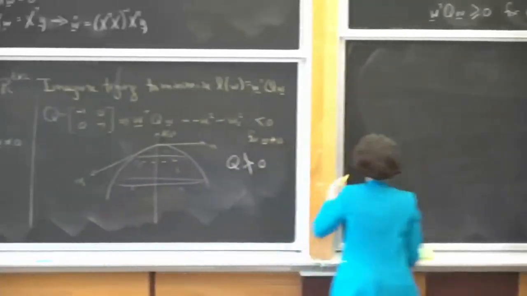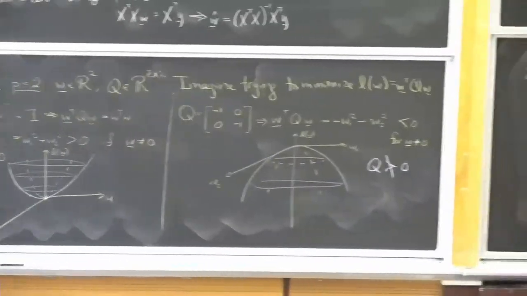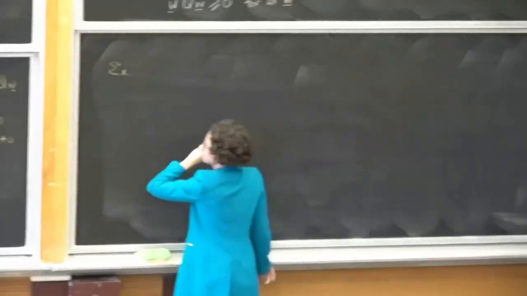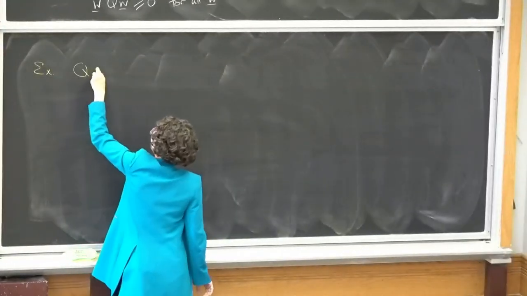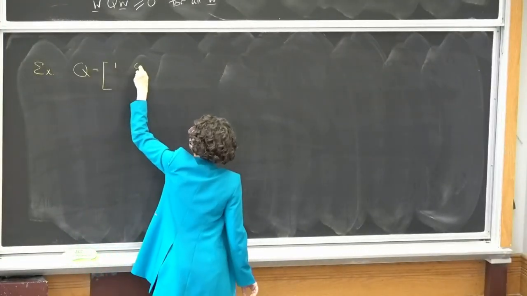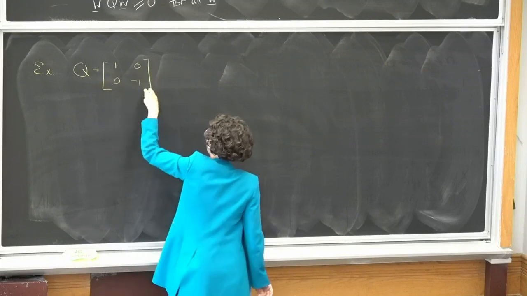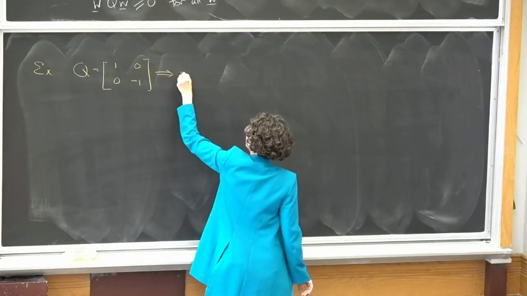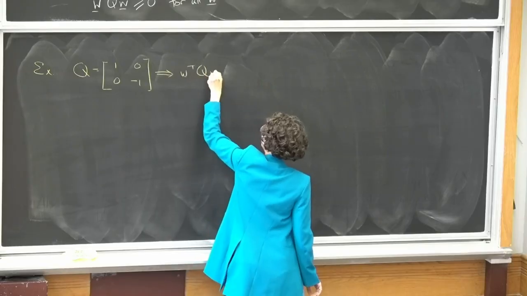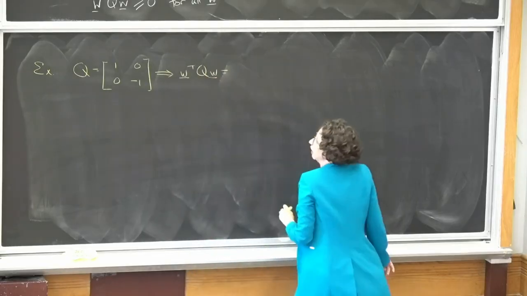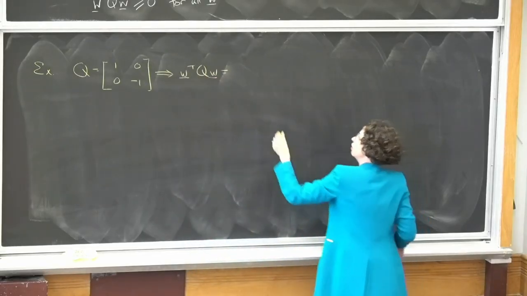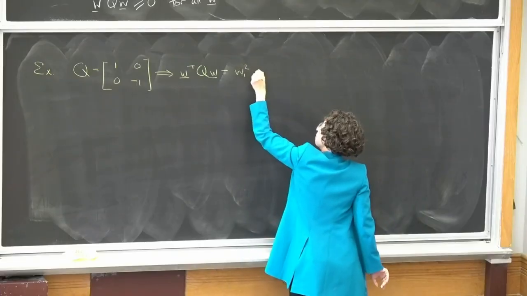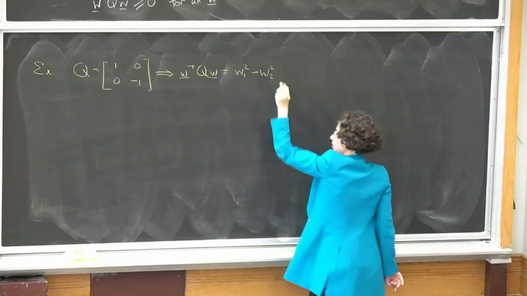Okay, so my next example is where we've got the same two-dimensional setting, but Q is equal to 1, 0, 0, -1, right? And so now if we were to look at what does W transpose QW look like and spell it all out, we get W1 squared minus W2 squared.